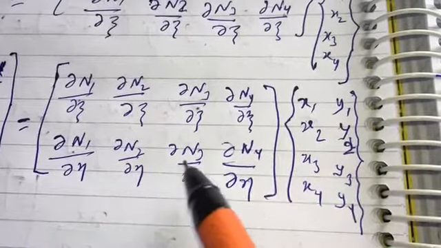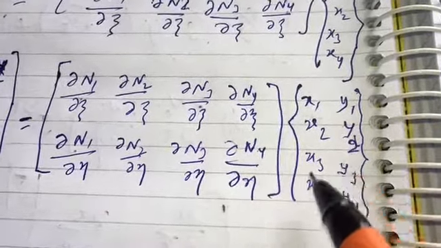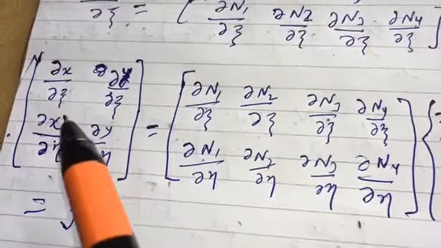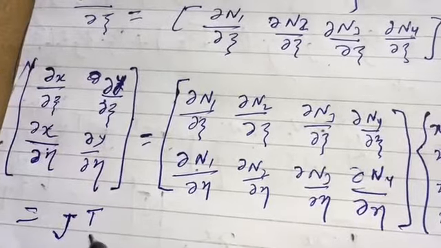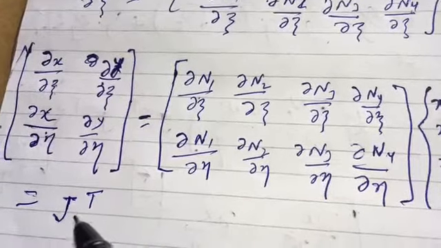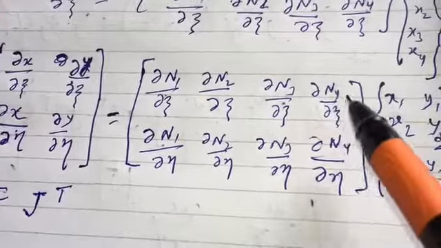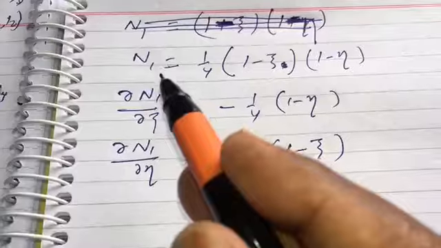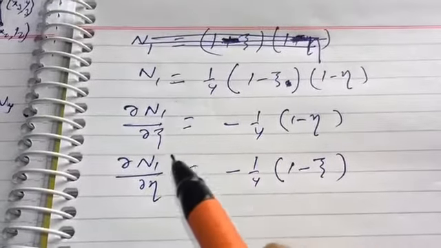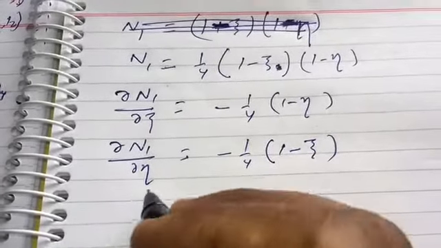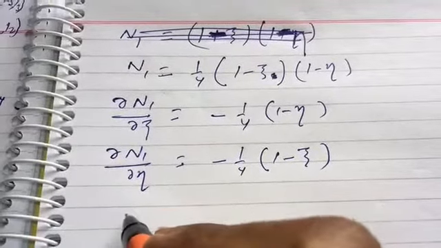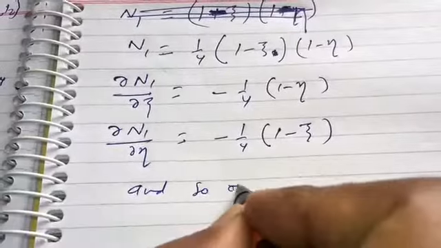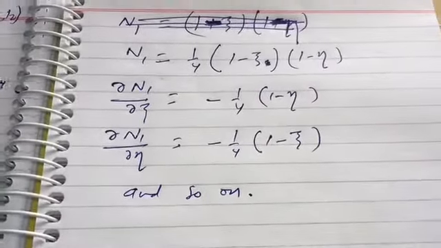So this is known, this is also known, hence the Jacobian matrix is a function of xi and eta, and is actually known. For N1 we have the two derivatives, similarly for N2 we can find out, and so on, just to make it complete.